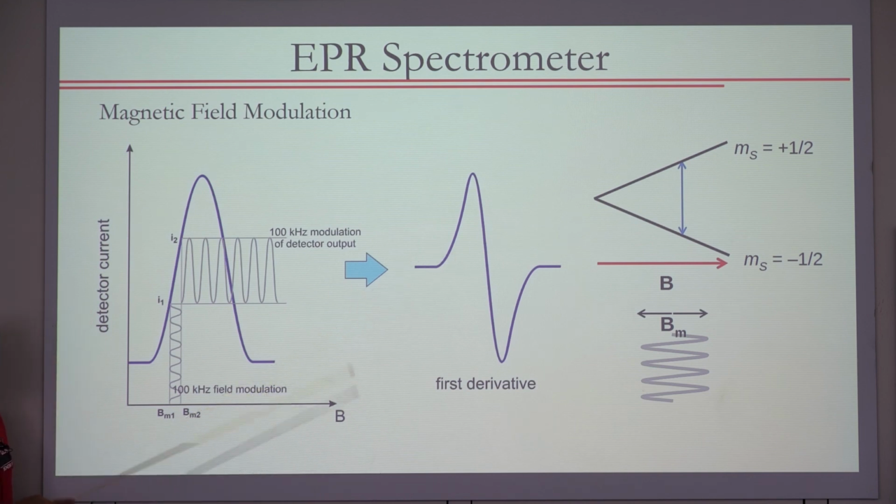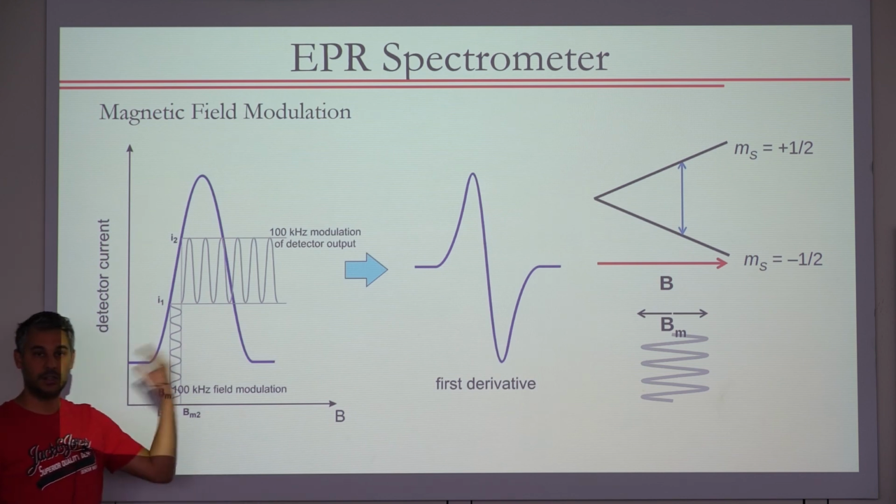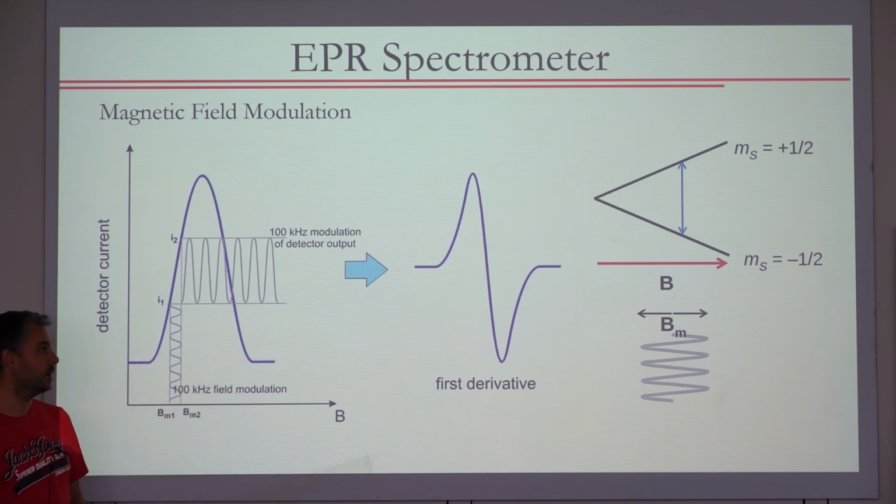This is a way that was designed, probably decades ago, to really enhance the signal. So you can get much stronger signals through this magnetic field modulation. The larger the modulation you set up in your equipment, the larger the signal is going to be, and the less noisy.